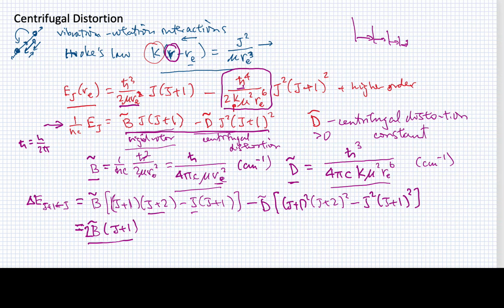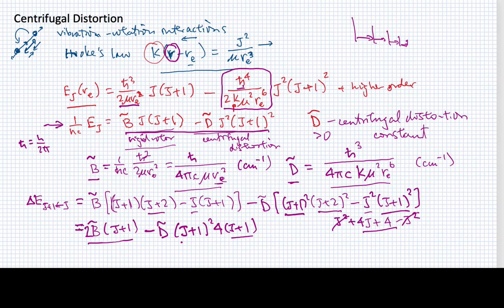What about this side? Well, I have minus d. I'll have a factor of j plus 1 squared that I can factor out. But then I'll also have a j plus 2 squared minus j squared. Well, j plus 2 squared, if we expand it out, is going to be j squared plus 4j plus 4 minus j squared. So these two will cancel. I'll end up with 4j plus 4, or 4 times j plus 1.